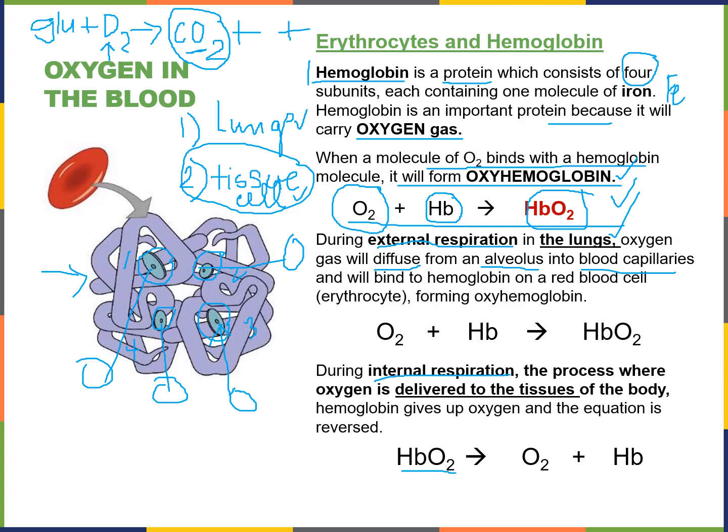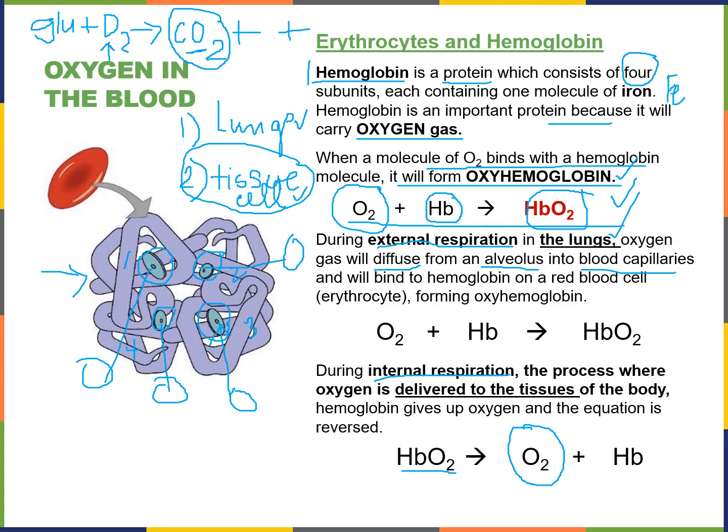Oxygen leaves hemoglobin, and the oxygen diffuses into the cells of the tissue of the organ where the capillary is present. So oxygen can bind to hemoglobin quite easily, and oxygen can dissociate from hemoglobin also quite easily.